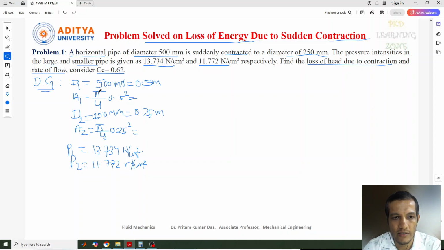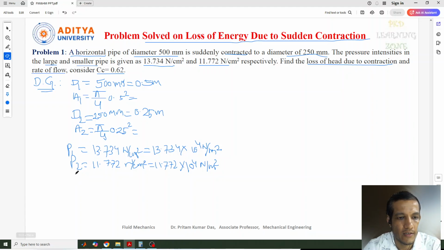As we are converting all these units into meter square, we can write P1 as 13.734 into 10 to the power 4 Newton per meter square, and similarly P2 as 11.772 into 10 to the power 4 Newton per meter square.